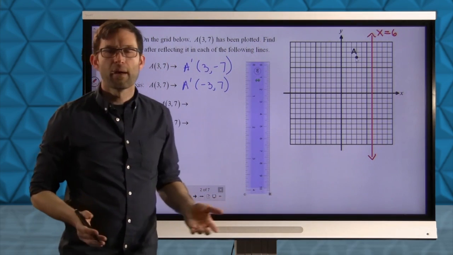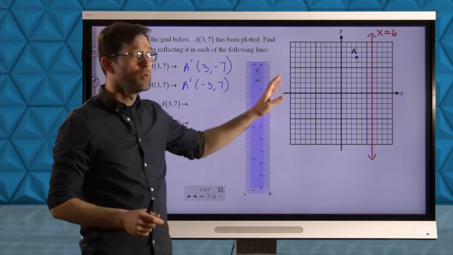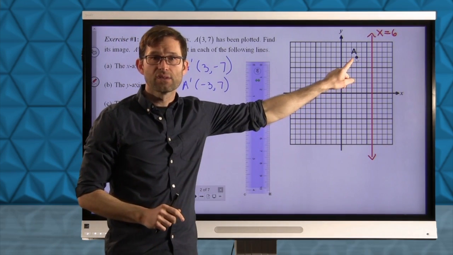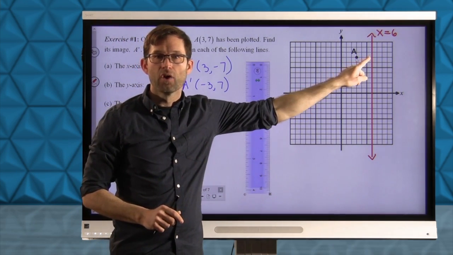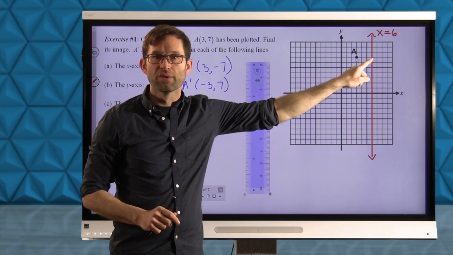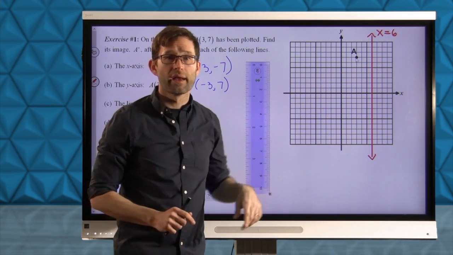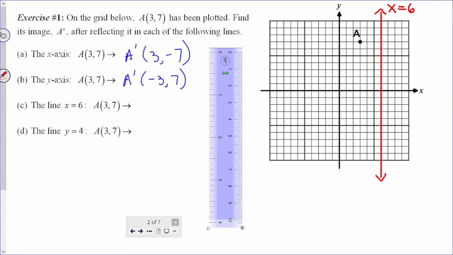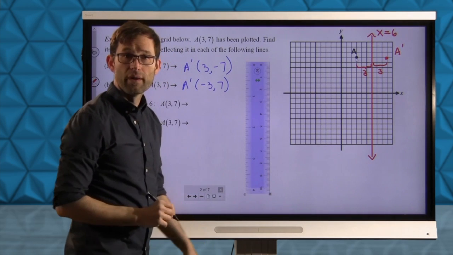Now, once we have that plotted, it's actually pretty easy to do exactly what we did with the y and the x-axis, which is to take A, go perpendicular into the line x equals 6, come perpendicular out of the line x equals 6, and of course what will happen, because we have to go the same distance on both sides, is that we end up having an A prime like that, right?